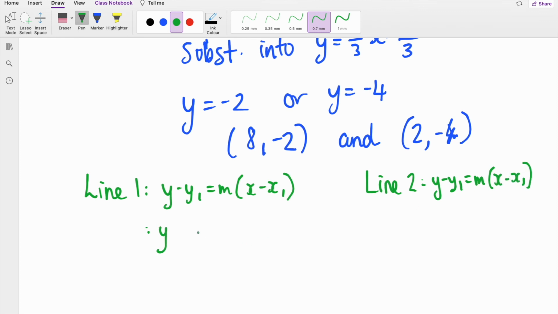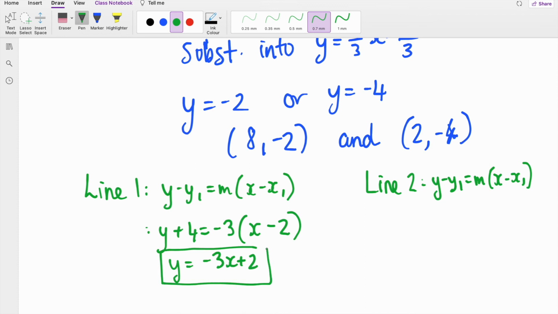So the first line is y plus 4 equals, the gradient was negative 3 because that's been told in the question, and the x coordinate is 2, so x take away 2. Simplify that, expand your bracket and collect your terms, you will get y is equal to negative 3x plus 2.